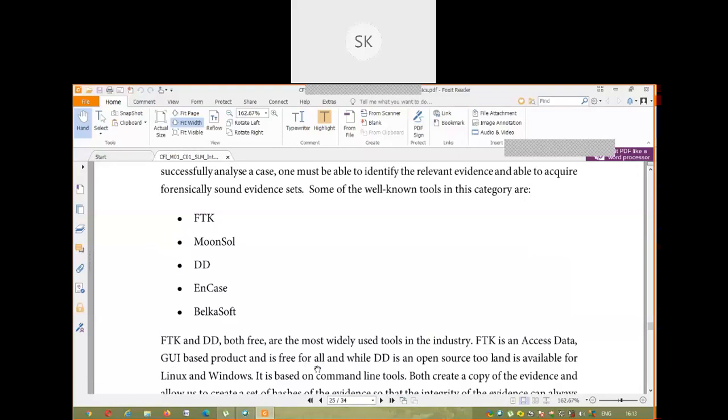If you search today also for FTK for acquisition, you will get the file to install. Okay, this is free of cost. And DD is an open source tool available for Linux. FTK you can use in Windows also, but DD you cannot use in the Windows operating system. You have to use it in Linux.